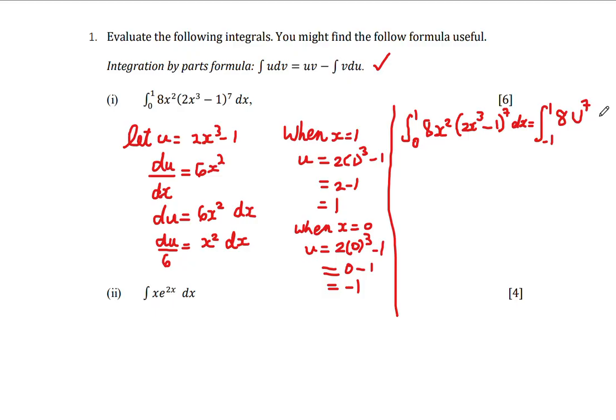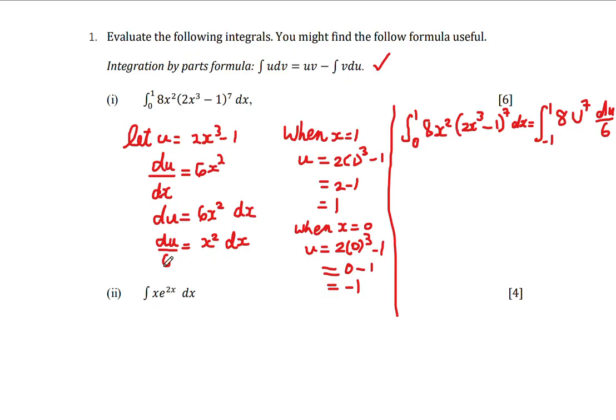And remember now that this would be in terms of du. So I can write here du over 6. Because du over 6 is the same as x squared dx. So that would take care of the x squared here, right?